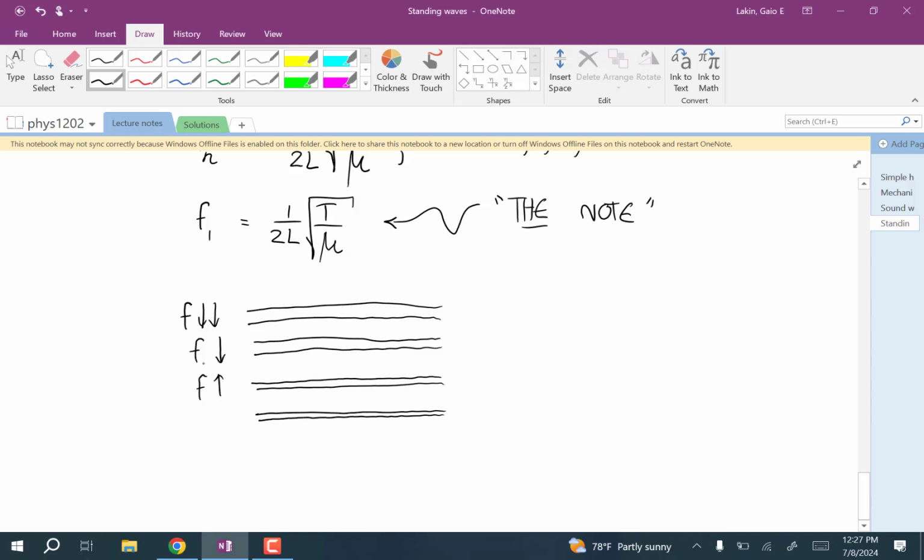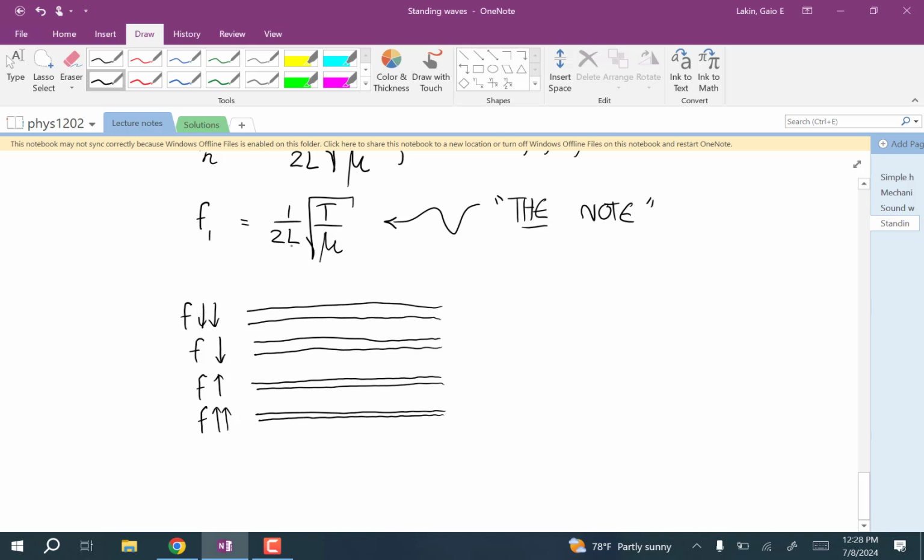The frequency is getting bigger as you go from the top to the bottom, and this one is the highest frequency. What's changing here, as you can see from the diameter of these strings, is that the mass per length ratio is the biggest for the one with the lowest frequency.